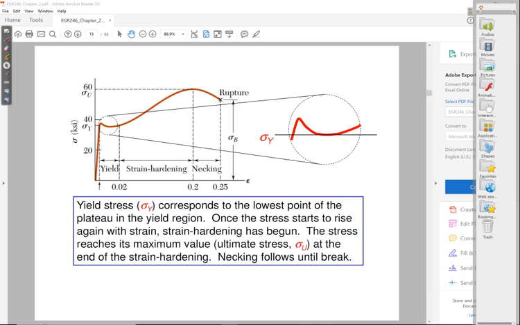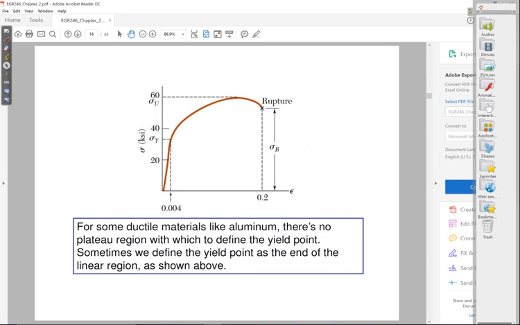Let's look at the one for aluminum for a second. The one for aluminum is actually quite similar. The only thing that's missing compared to the one for steel is that there's no yielding region. In steel, we had gone up, then dipped, and then continued.